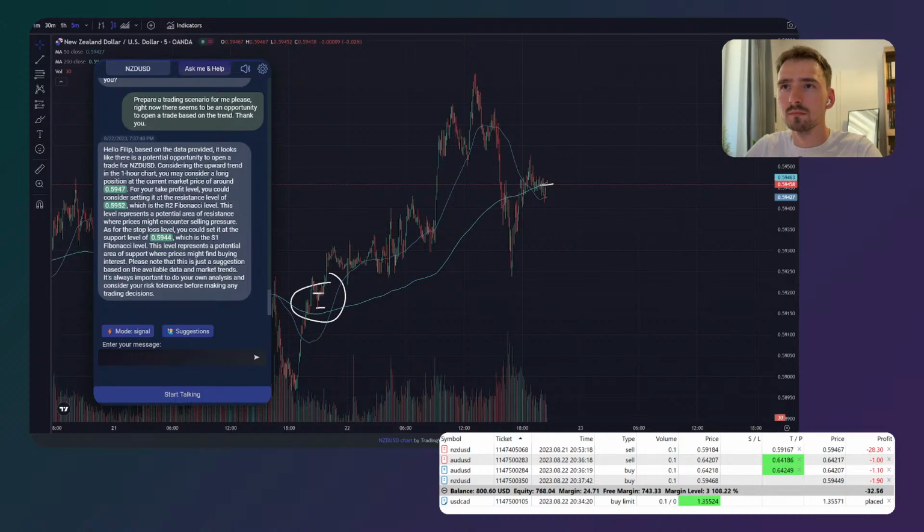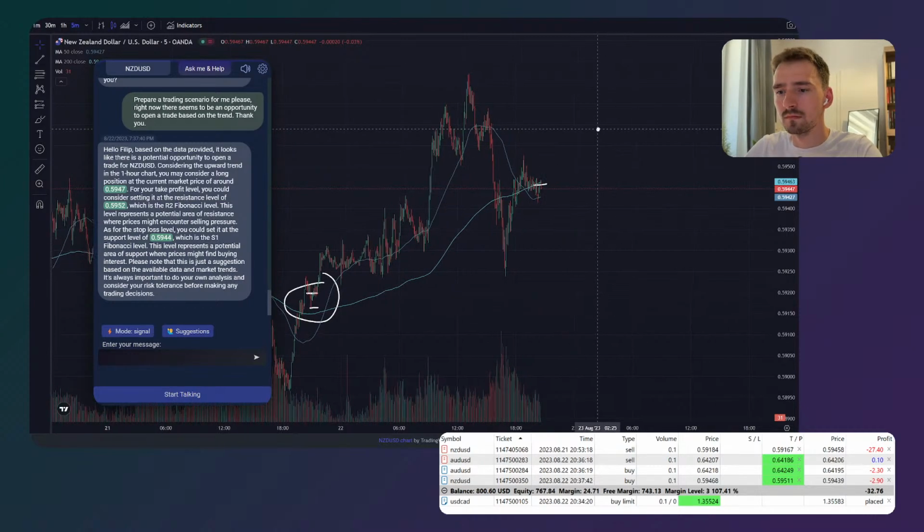This level represents a potential area of resistance where prices might encounter selling pressure. As for the stop loss level, you can set it at the support level of 0.5944, which is the S1 Fibonacci level. This level represents a potential area of support where prices might find buying interest.